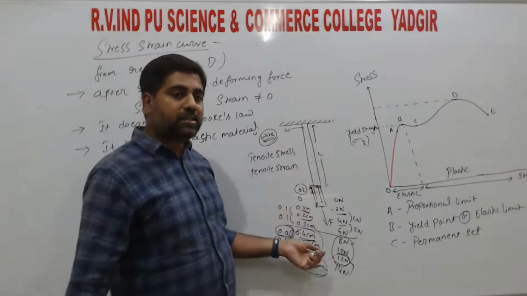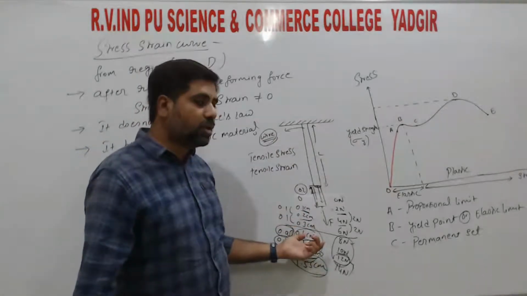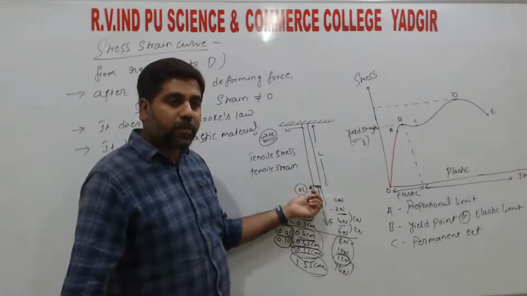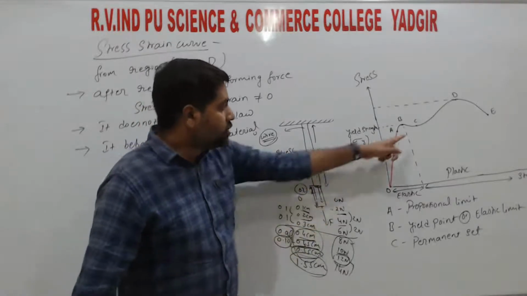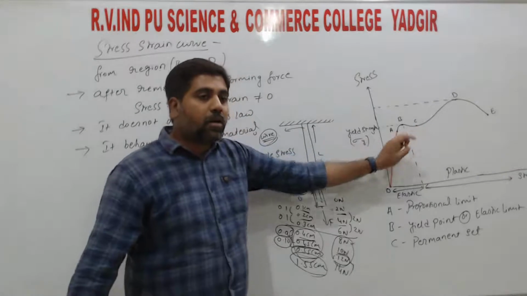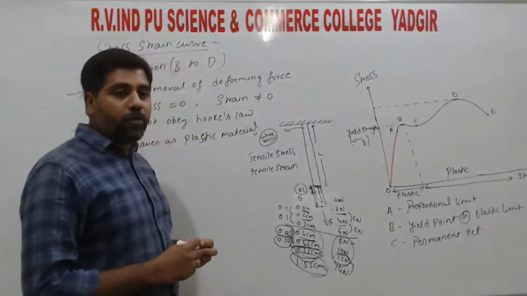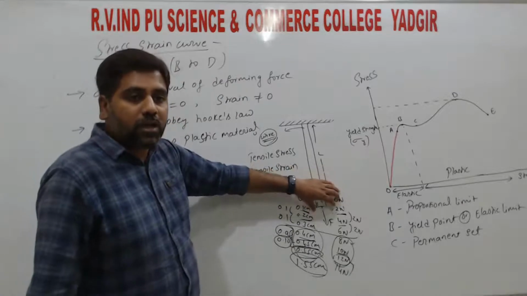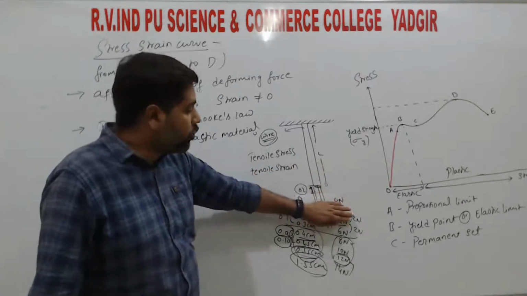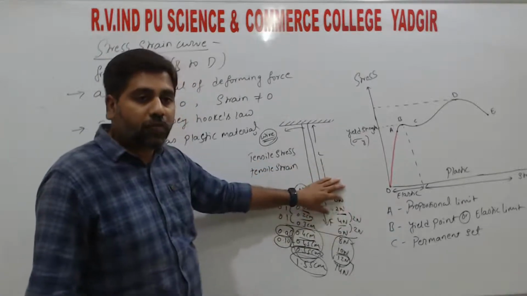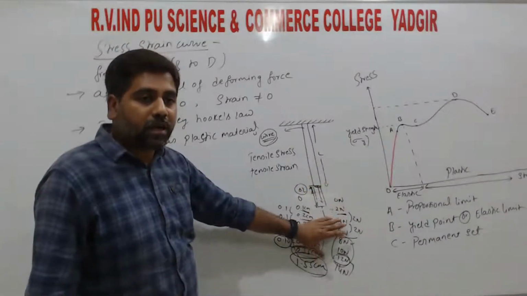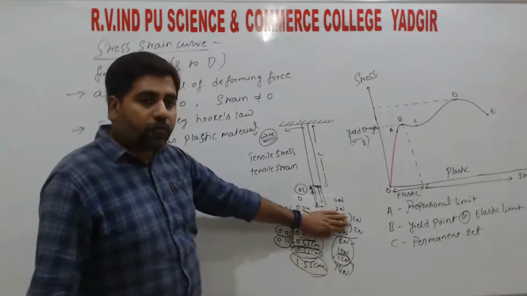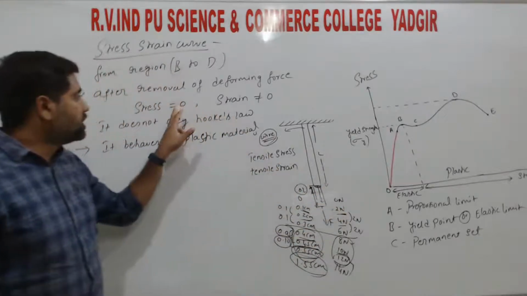The strain we get is not proportional to the stress, and after removing the deforming force it does not come back to its original configuration, right? So this permanent set is nothing but, after removal of the deforming force, the wire will not come back to its original configuration. It gets set. So the wire will stay stretched as is after removal of the deforming force. So that is the condition.